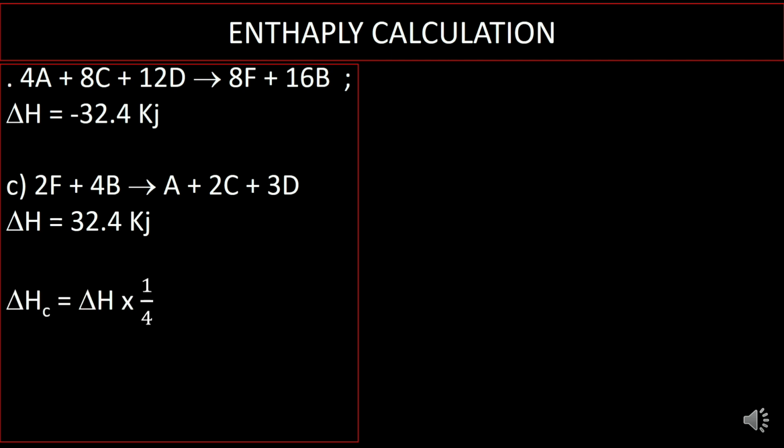Now if you look at this very well, if you multiply the reverse of the general expression by 1 over 4, we are going to have the expression in question C. So the change in enthalpy for question C is equal to the change in enthalpy of the general expression times 1/4. We take the general enthalpy value, 32.4, times 1/4 since it's the reversal.